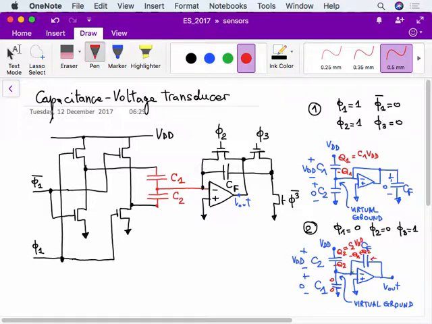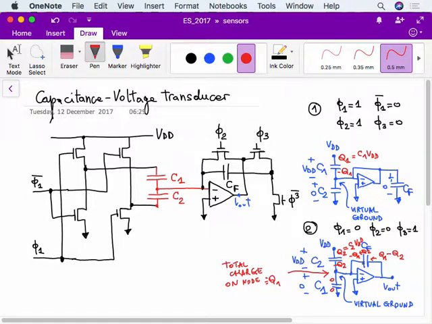And therefore, on the opposite plate, Q1 minus Q2. Okay? Let me add this consideration. Total charge on the node is equal to Q1 minus Q1, exactly as before.